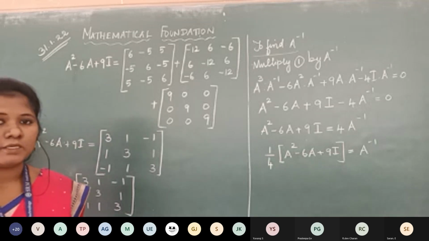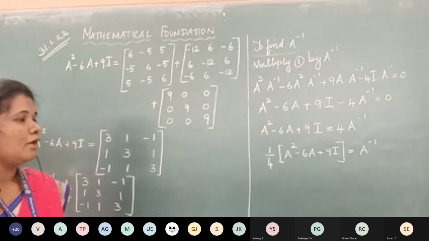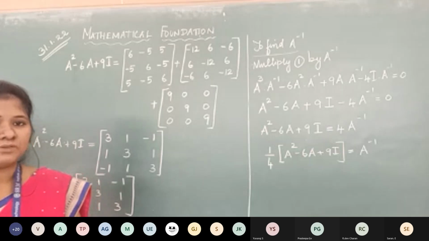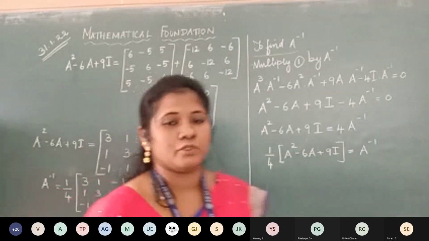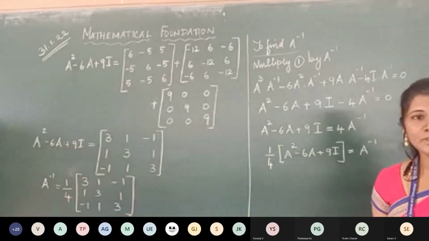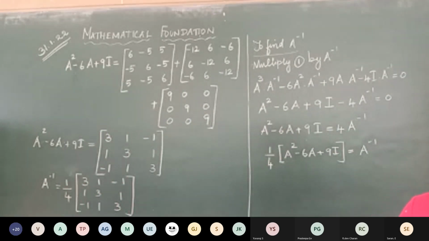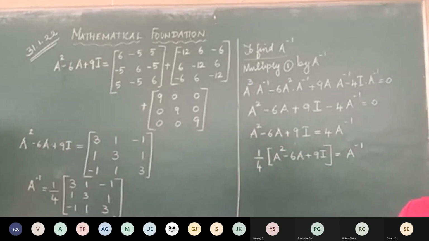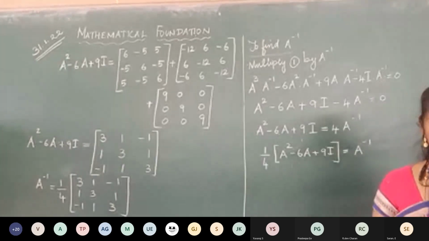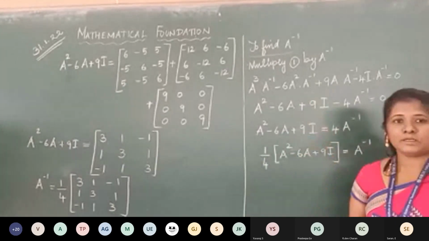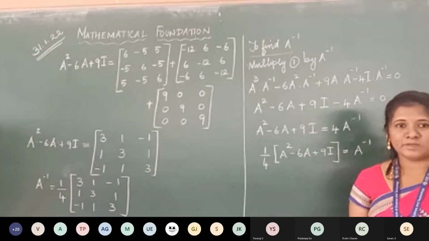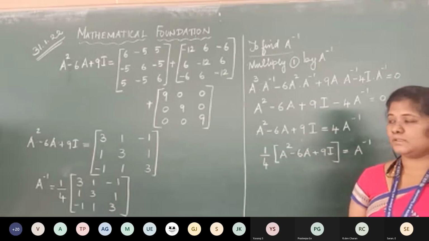So to find out your A inverse for the given matrix, you have to check whether it satisfies the Cayley-Hamilton theorem. After it is satisfied, you will multiply A inverse with equation 1, whichever we have proved for the Cayley-Hamilton theorem.